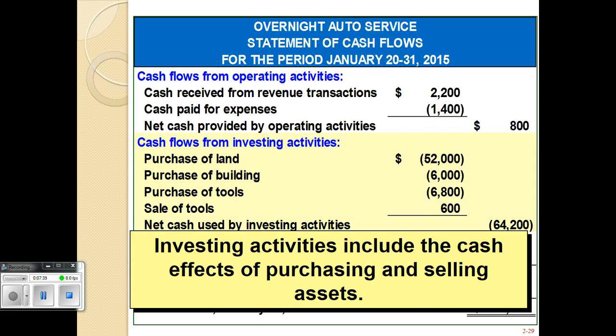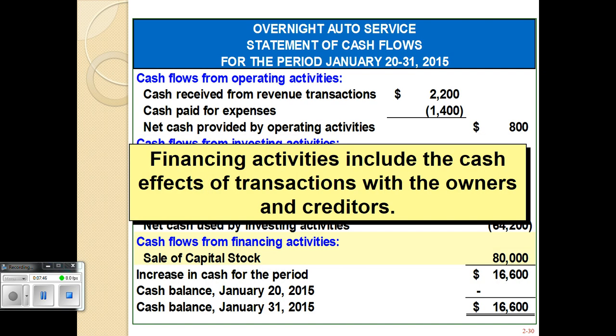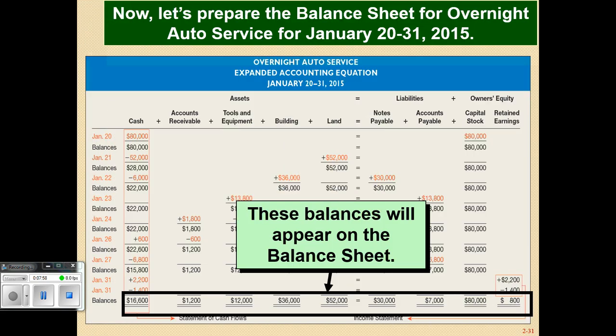Investing activities include the cash effects of buying and selling assets. And finally, financing activities include the cash effects of transactions with owners and creditors: selling stock, borrowing money, paying the bank back money you already borrowed. Those are going to show up under statement of cash flows.